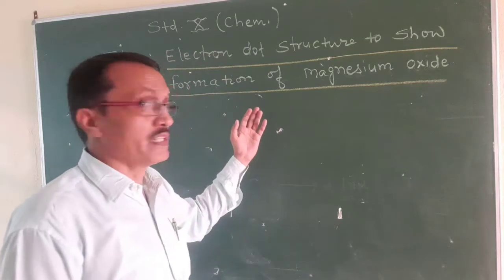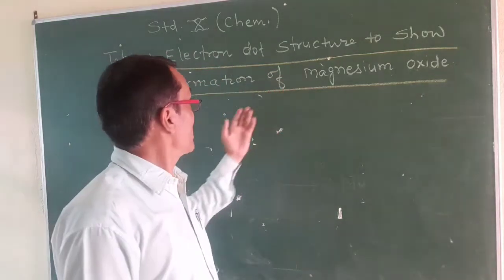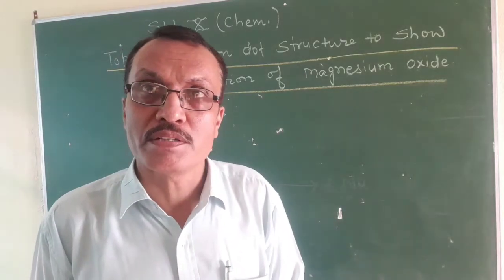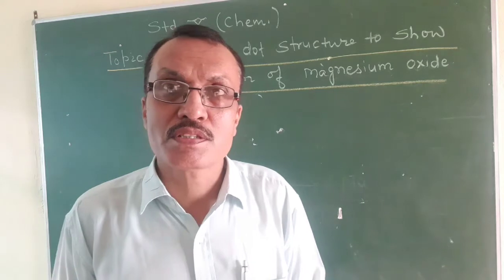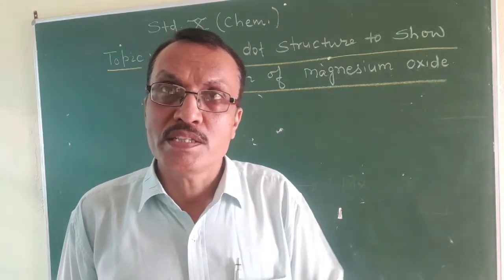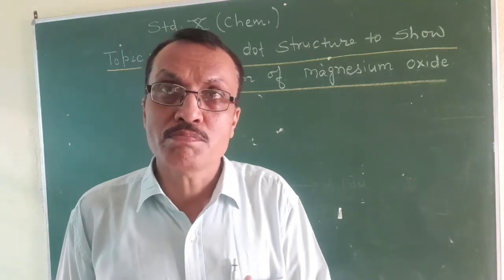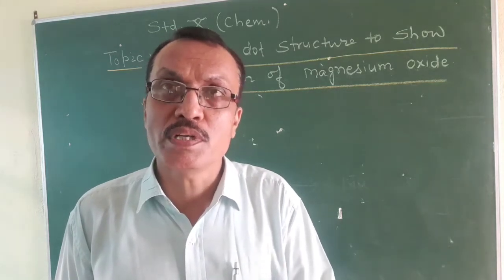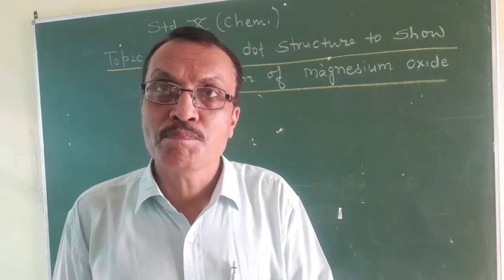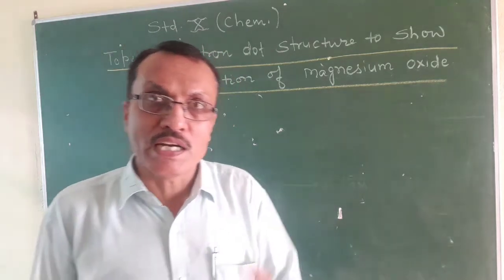Already I have written on the board, you can see, electron dot structure to show formation of magnesium oxide. My dear students, you well know magnesium oxide is a compound made of two elements, atoms of magnesium and oxygen.